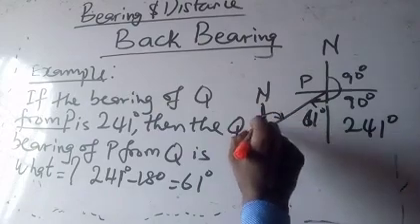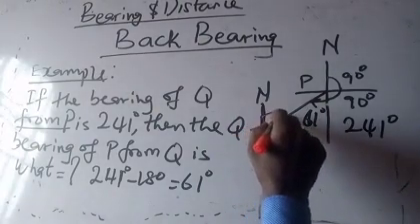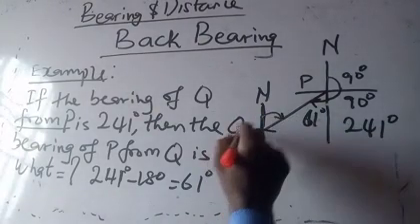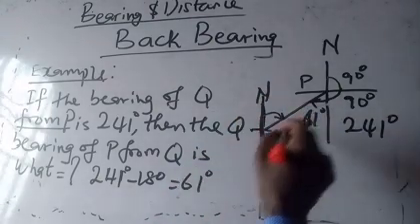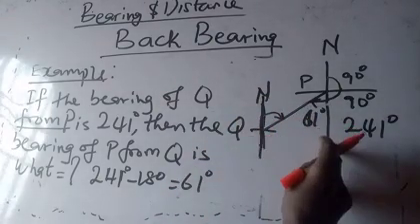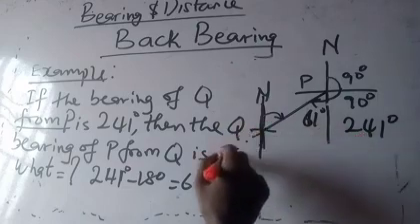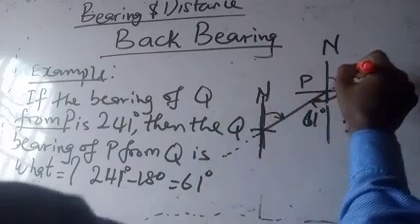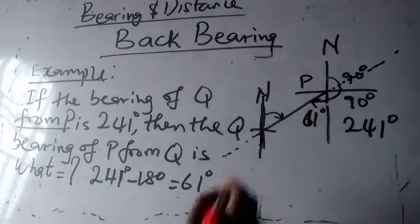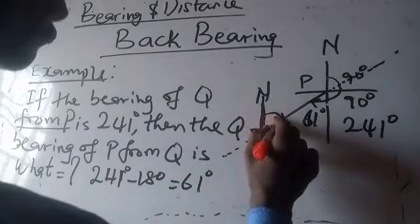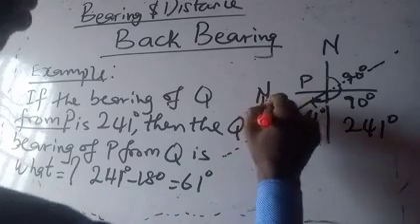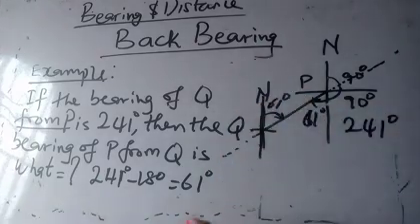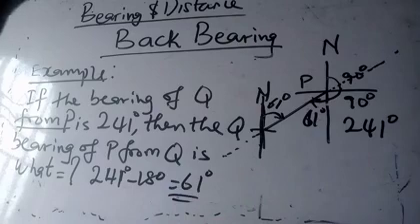So this is the bearing of P from Q. For us to get it, we have two parallel lines where a transversal line is passing through, so this angle is alternate to this angle. Therefore, this angle is 61.